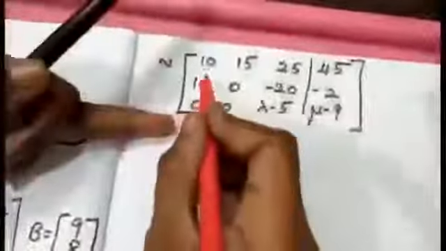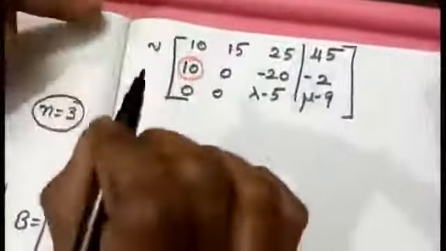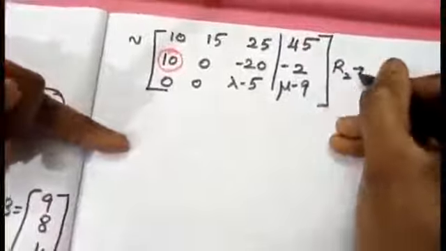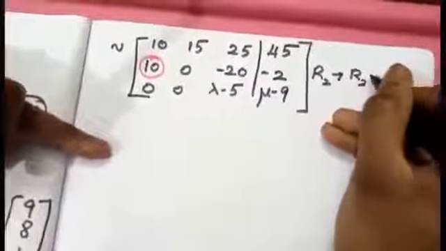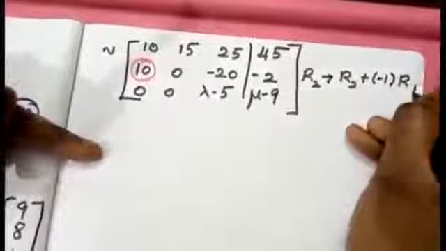Why I am doing this calculation is, in place of 10 I want to bring the value as 0. So only one step I am going to do here. That is, R2 implies R2 plus minus 1 R1. If I do this calculation, I am going to get this answer.